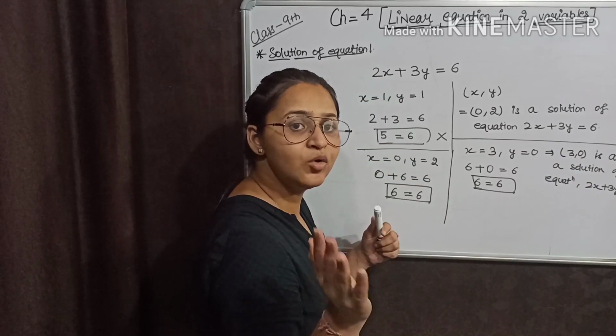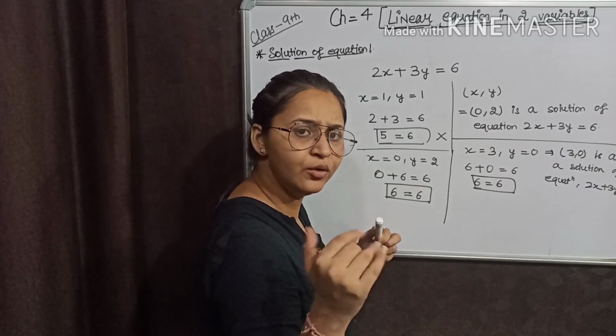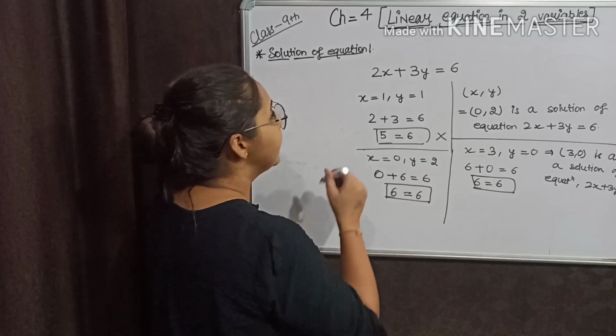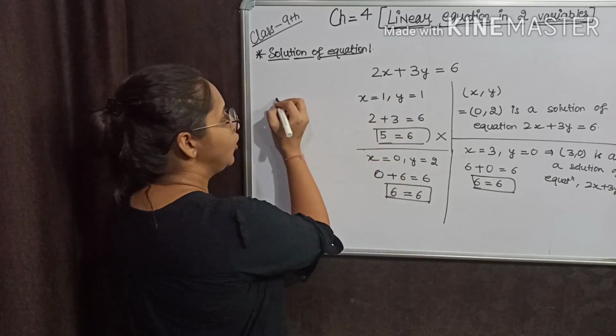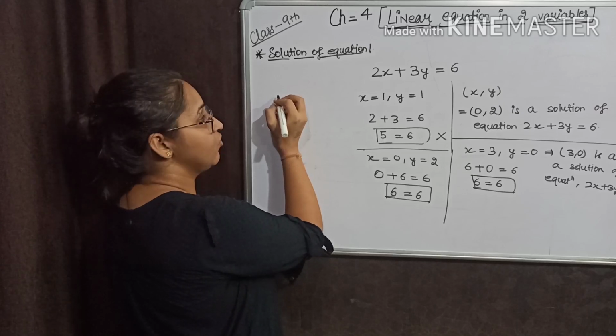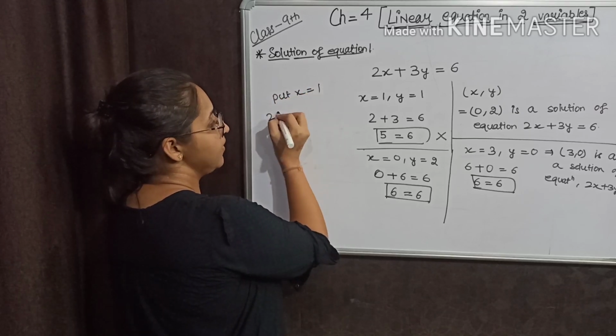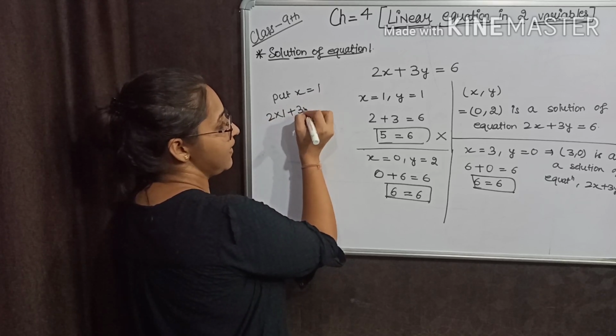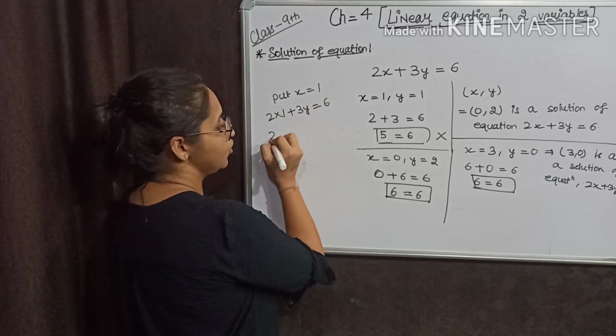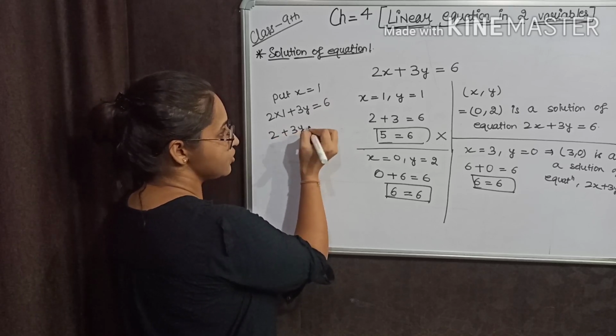Now what about other solutions? Are there more than 2 or only 2? Let us find. If I take x is equal to 1, put x is equal to 1. So 2 multiplied by 1 plus 3 multiplied by y is equal to 6. So 2 plus 3y is equal to 6.